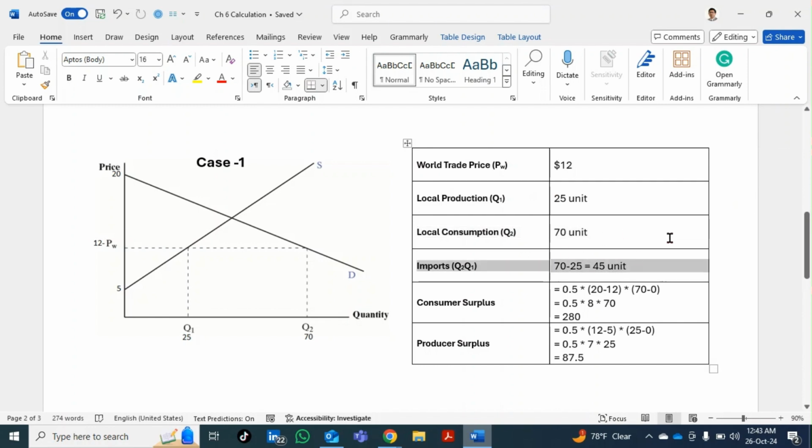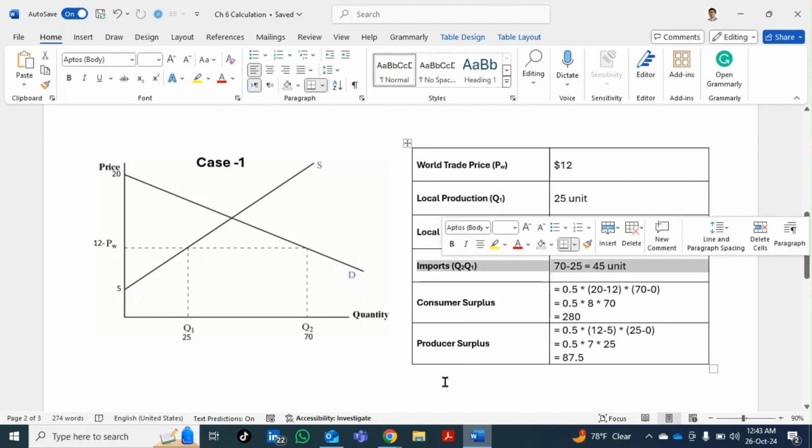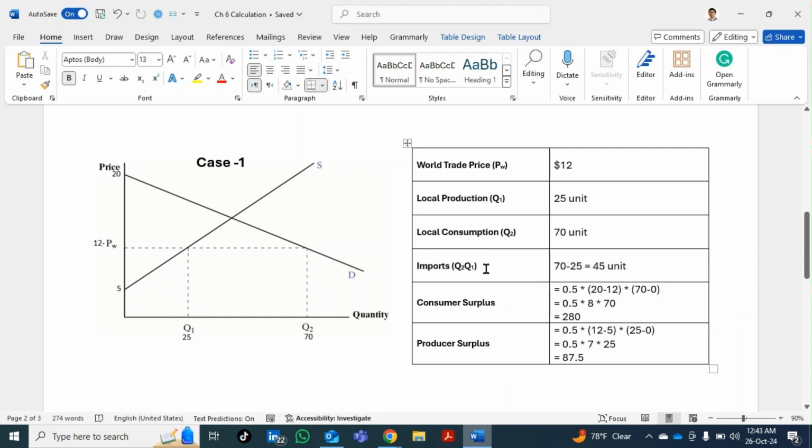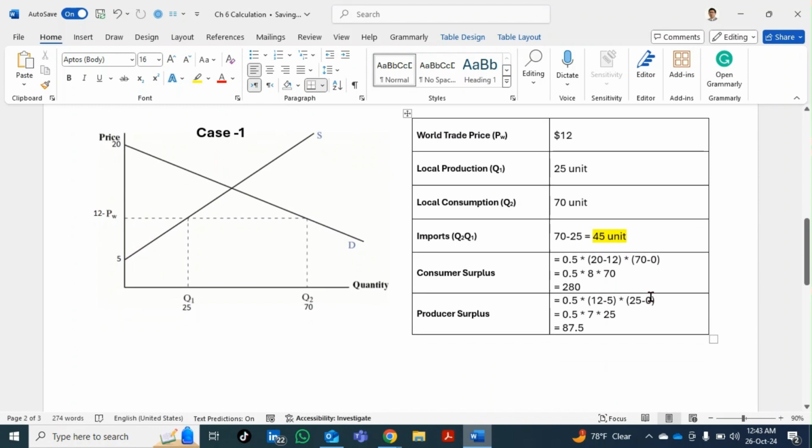So the imports will be the consumption minus the production. Q2 minus Q1 represents the total imports of the economy, that is 45 units. In this case the government has not imposed any tariff, and the economy is consuming and producing at the world price with the free market.